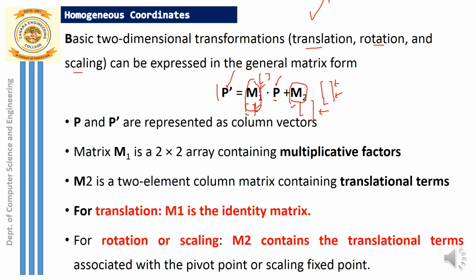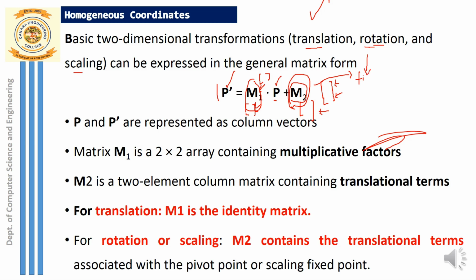When we go for the next transformation, that is rotation or scaling, this M2 matrix will contain the pivot element, the fixed point or reference point of rotation, and that is for rotation I am speaking.